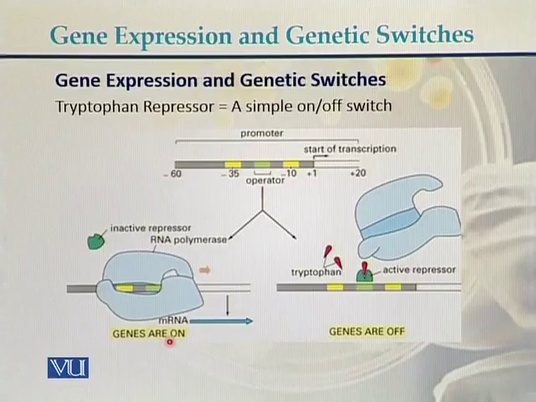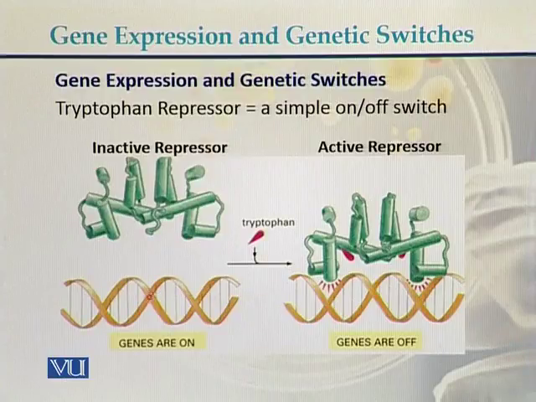So genes are on and genes are off with the help of repressors or activators, which are called genetic switches. Here we can see the inactive repressor. When the inactive repressor does not bind with the DNA, the genes are on.